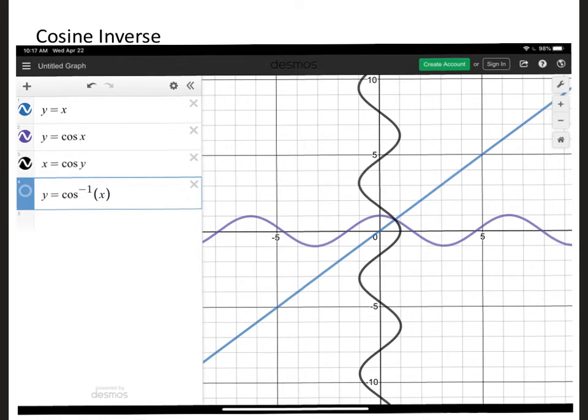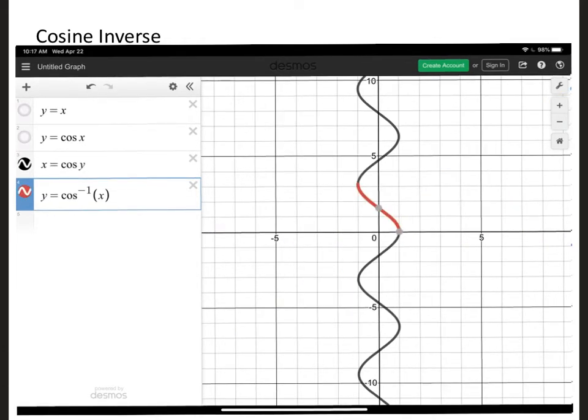I'm going to crop this so that we can talk about the inverse cosine function. Okay, so now I have just the graph of the inverse cosine equation and the section of the graph that we're going to use to create the function. I'm going to now clear out the cosine equation and talk specifically about the cosine inverse function.